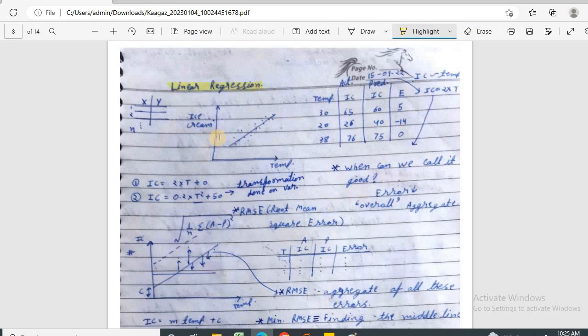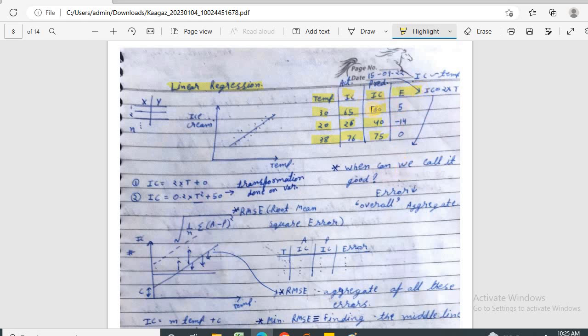So let's see, we have temperatures 30 degree, 20 degree, 38 degree, and then we have actual ice cream sales 65, 26, 76,000. And then we are predicting. For example, we have developed one model and it says 60, 40, 75 will be our ice cream sales. Now we can calculate the error.